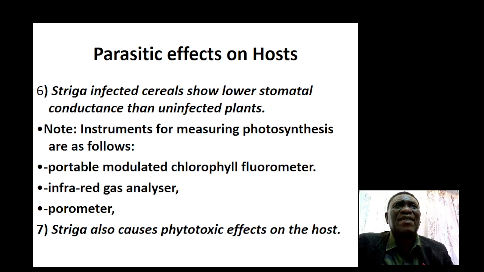This can actually give us measurements on the photosynthetic rates as well as stomatal conductance. Striga can also cause phytotoxic effects on the host. Maybe there could be toxins, but these have yet to be identified.